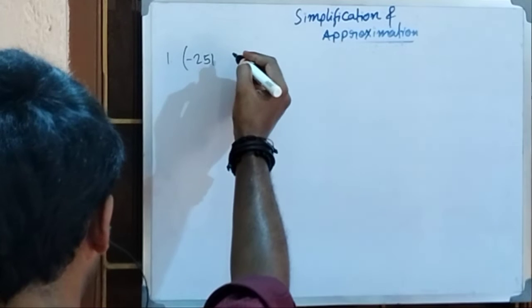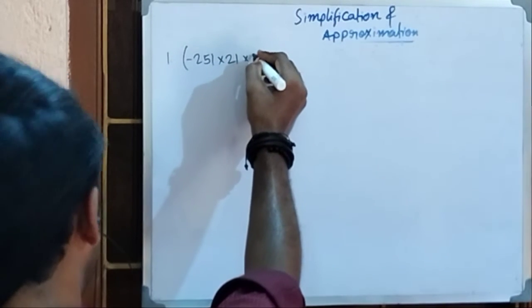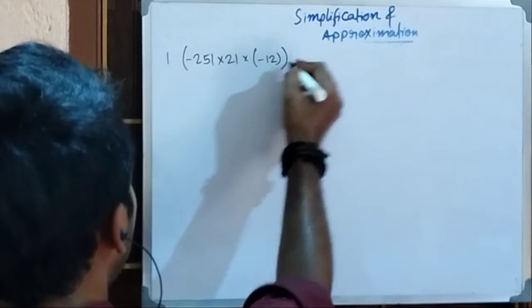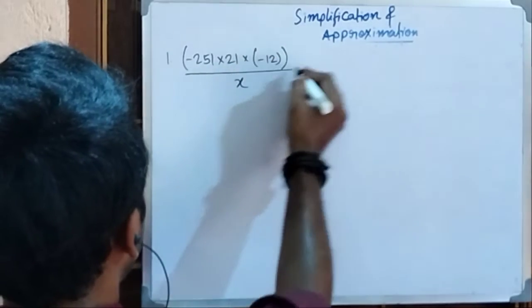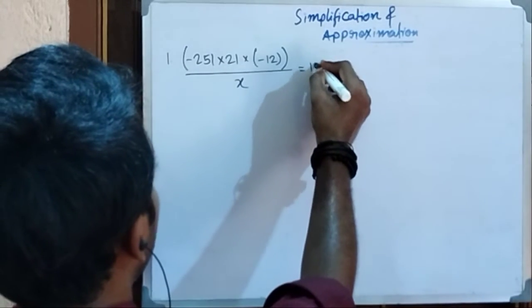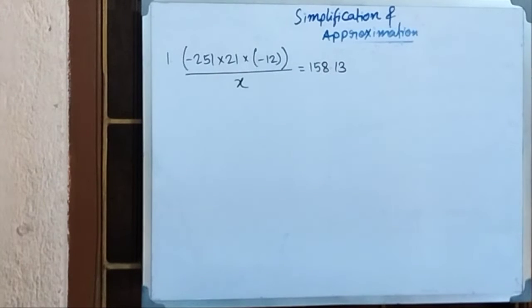This already came in a few of the exams in previous years. So yes, this is x, and you can also use a question mark here: 158.13 divided by 251. So solve it. I am not giving the options here. You have to solve it and see what the answer comes up here.